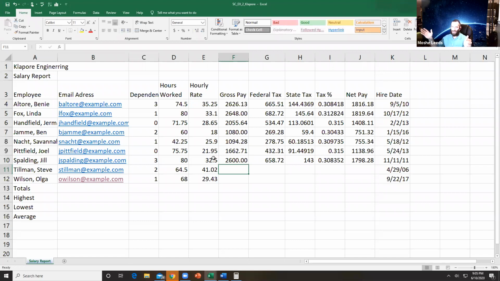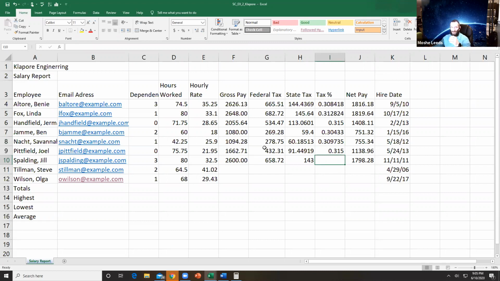That's flash fill at its finest, because it recognized that this is the same, and now it just did it all for me. I didn't have to replicate that formula. Okay, so let's do tax percentage again, okay? So tax percentage is, I'm going to delete that.